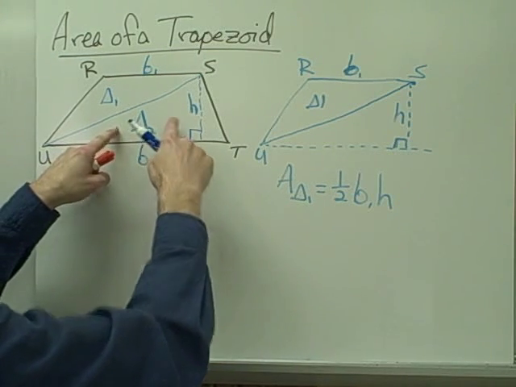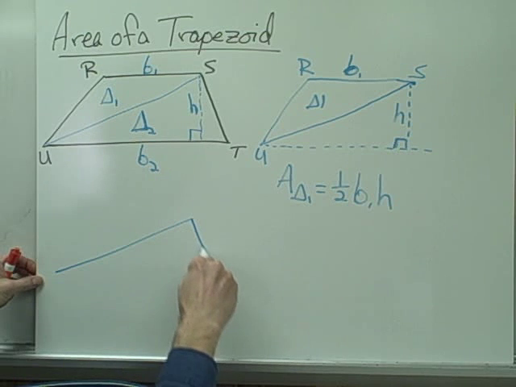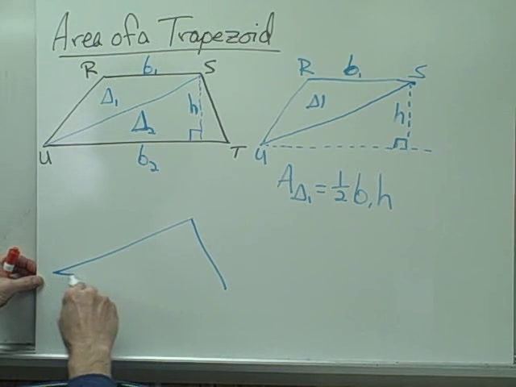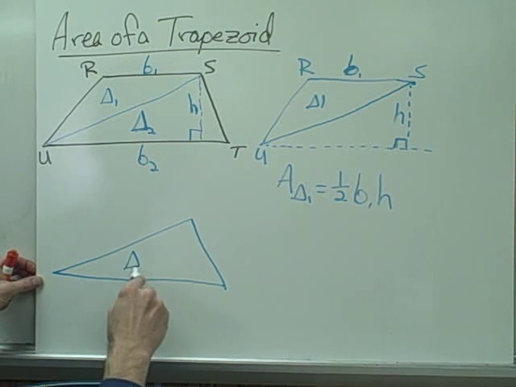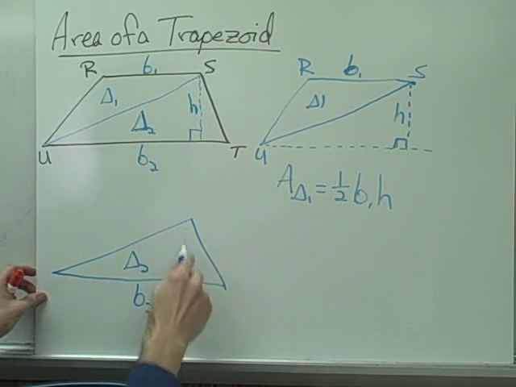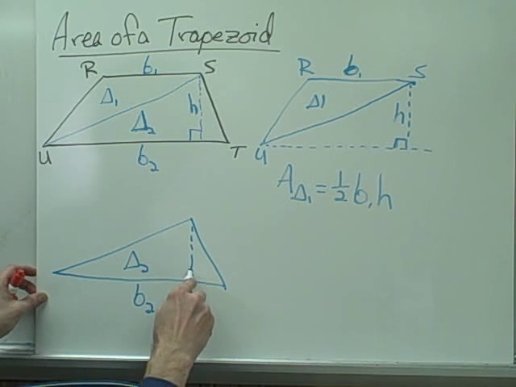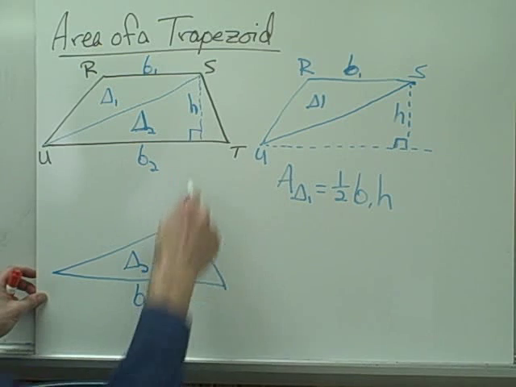So let me take the second triangle, let me break it down over here. So this is my triangle number 2, and it has a base of length B2, and its height is just the same as this height here, the height of my trapezoid.